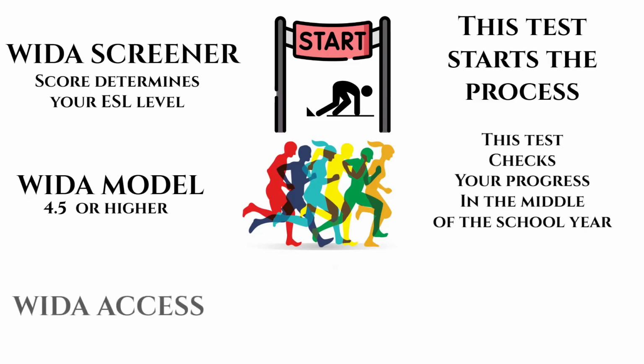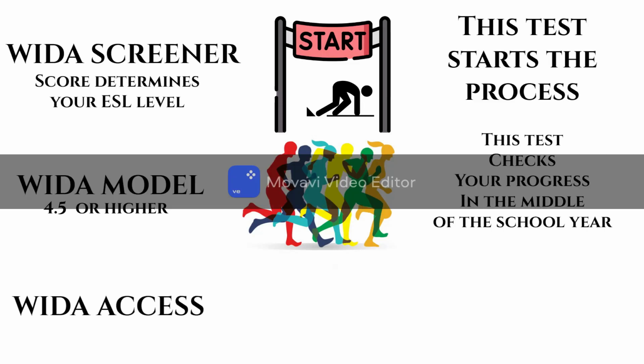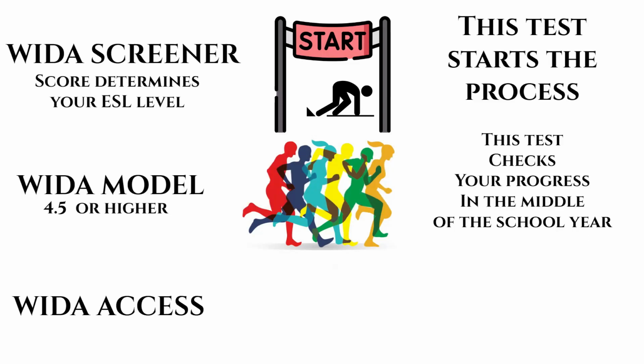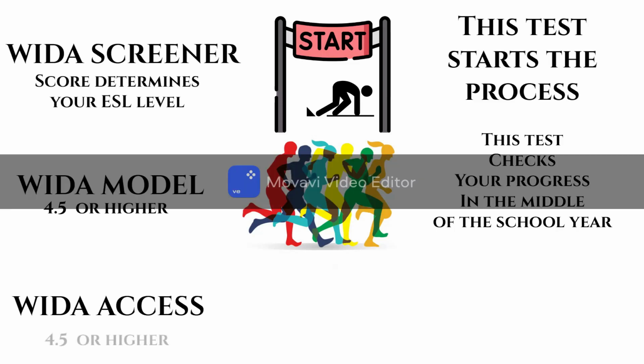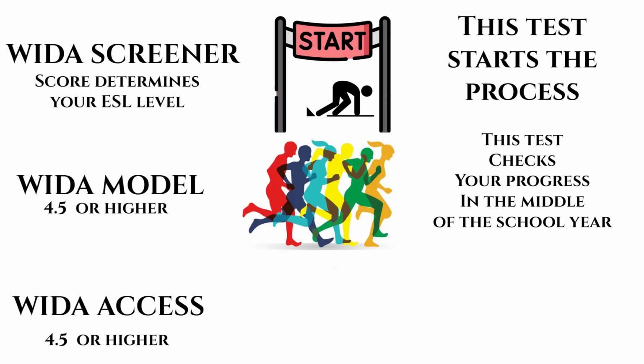And the last one is the WIDA access test, and that's basically once a year, you report to the state how the child is progressing in their language abilities, and to see their level of proficiency from one year to another. So the goal there also is if they obtain a 4.5 or higher, they can move to general education courses. But the same with the model.